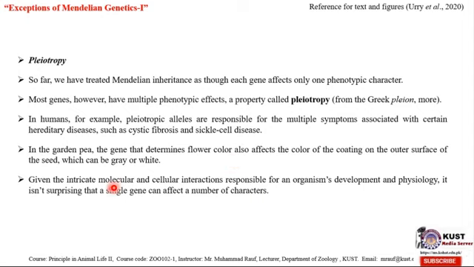So given the intricate molecular and cellular interactions responsible for an organism's development and physiology, it isn't surprising that a single gene can affect a number of characters. So these biochemical pathways are indeed very fascinating, and you can observe genes which have a role in several biochemical pathways.